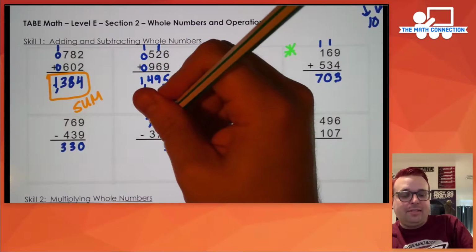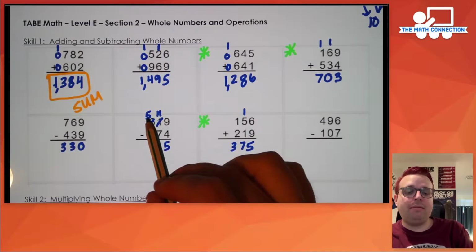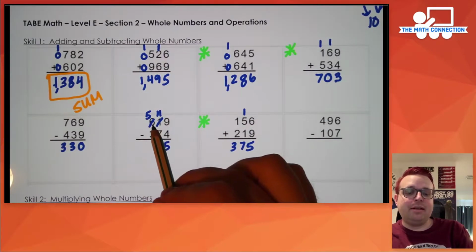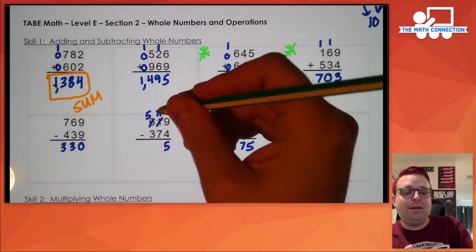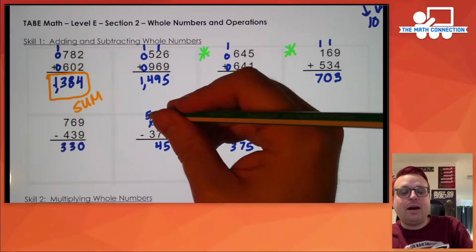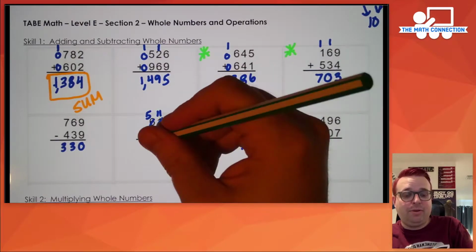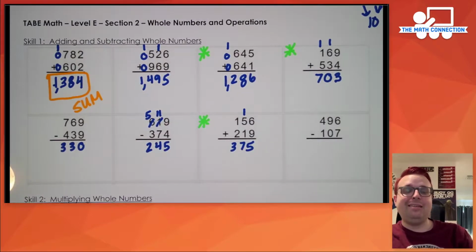And then this is not a 1 anymore. It's going to be 11 because we took 1 away from this 6, and we had a 1 already there. So 11 minus 7 is going to give me a 4. And then I come to this column and I have only a 5 here now, not a 6. And 5 minus 3 gives me 2. So 619 minus 374 gives me 245.